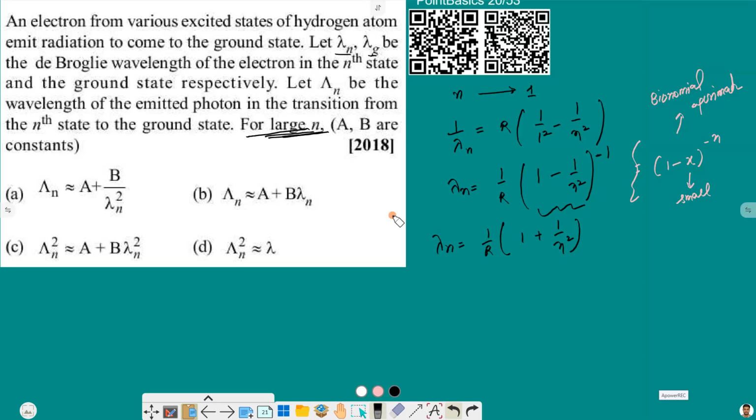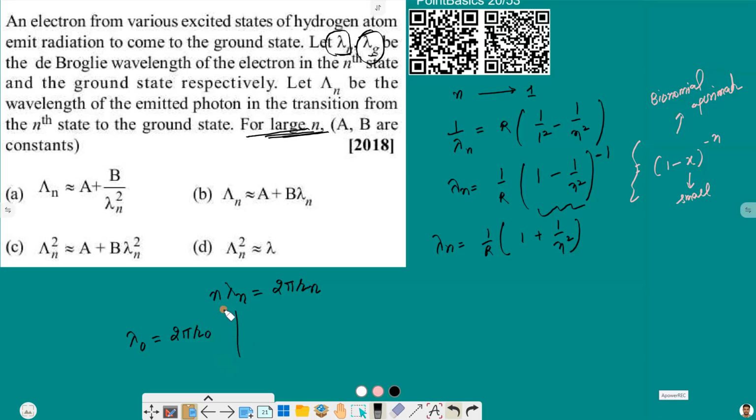Now, regarding the de Broglie wavelength, this is for the nth state and this is for the ground state. And we know for de Broglie that n times lambda n will be equal to 2 pi times Rn. Now for the ground state, n is 1 and the wavelength will be lambda naught. So we can write lambda naught is equal to 2 pi times R naught.